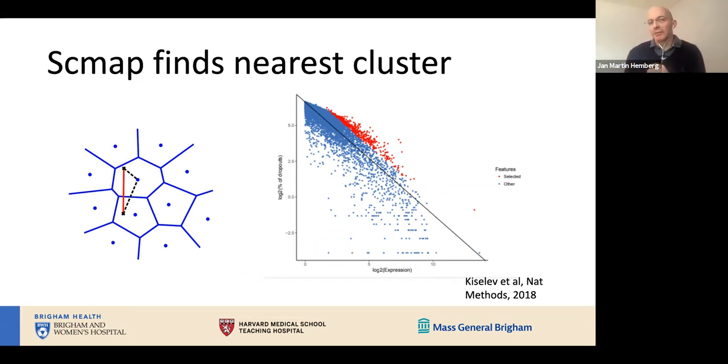And in order to do this successfully, it uses feature selection. It uses the dropout based methods that I told you about earlier. So based on that, it only looks at a subset of the genes, calculates the distances to these centroids, and matches it to the closest one.